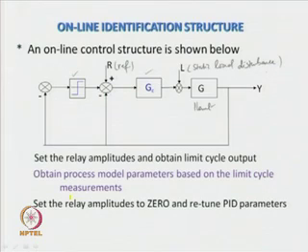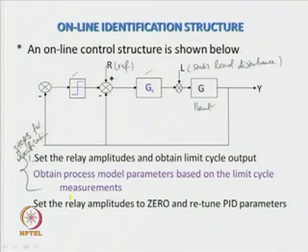So, whenever degradation in performance of the closed loop system is observed, relay auto tuning is invoked. So, the steps for the online identification and controller tuning are: set the relay amplitudes and obtain the limit cycle output. This falls under the steps for identification.